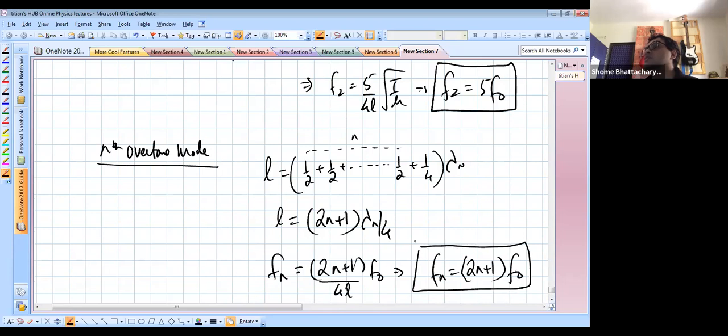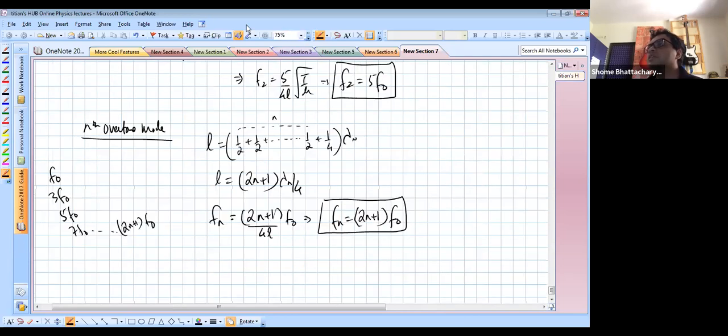So this is the general formula. The modal series is like this, all the way on. In this kind of situation, we say that only odd harmonics exist. The even harmonics do not exist.